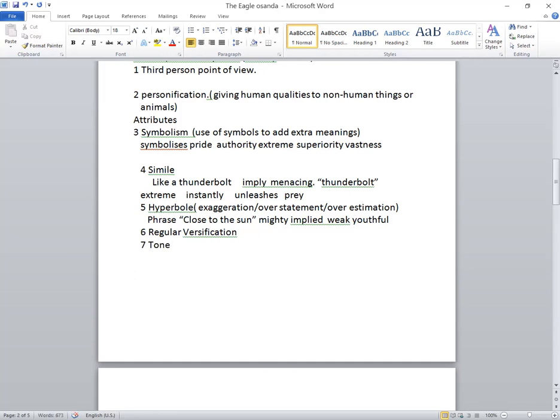Tone, the other technique. What is tone? Tone is a very important aspect, not only in poetry, but even in your everyday life. What is tone?